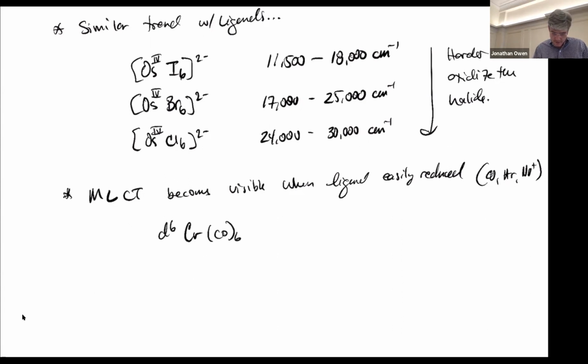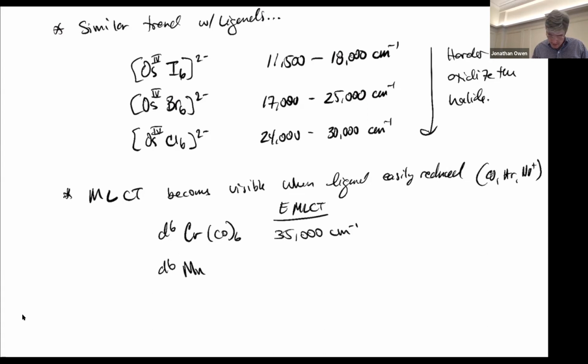Chromium hexacarbonyl is D6. The energy of the metal to ligand charge transfer band here is 35,000, which is just outside of the visible.